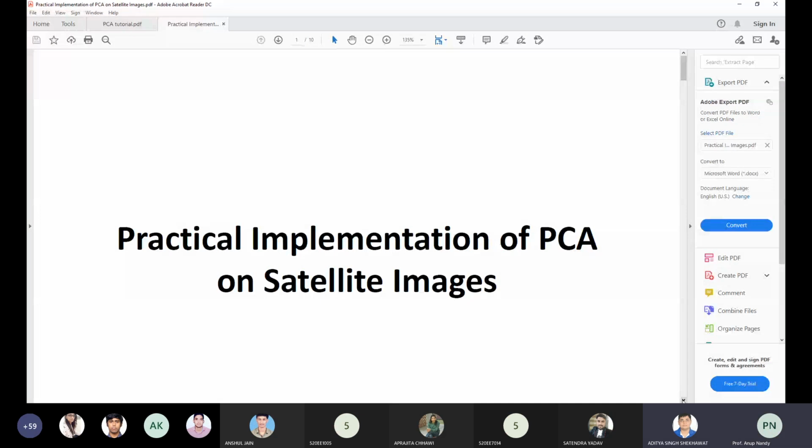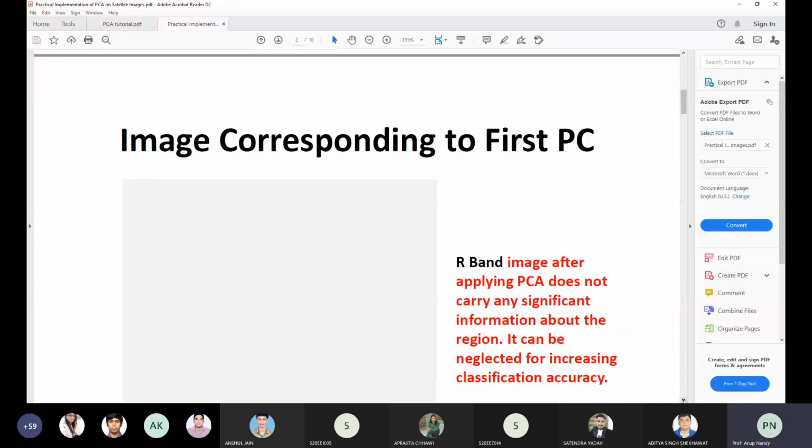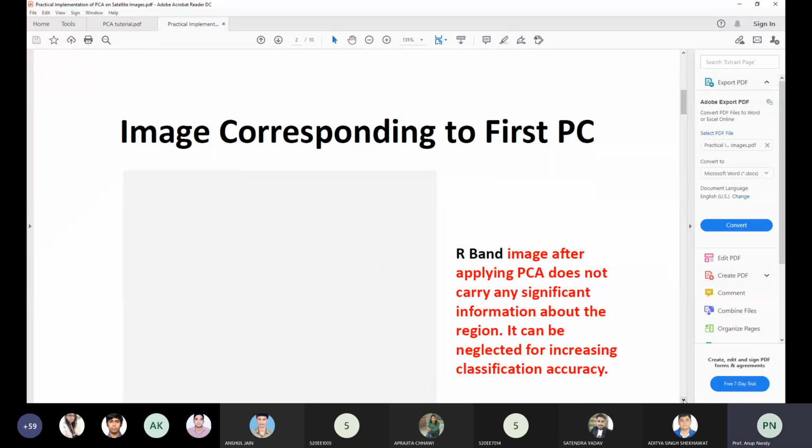Yes, sir. So there is a practical implementation of PCA on satellite images. After implementing PCA on satellite images, you will be able to see, if you plot each image, the first PC corresponding to one image, the second PC corresponding to one image, because you have these 4 different bands: R band, G band, V band and I band.